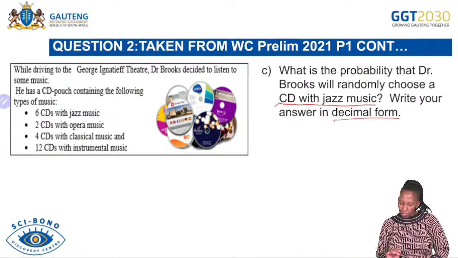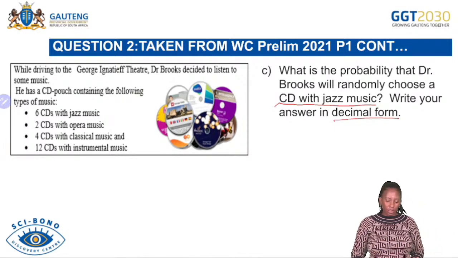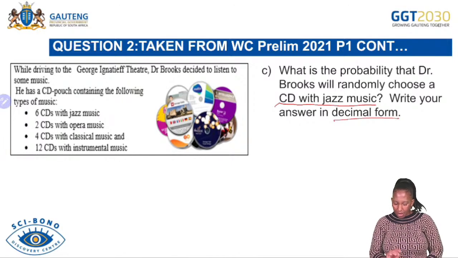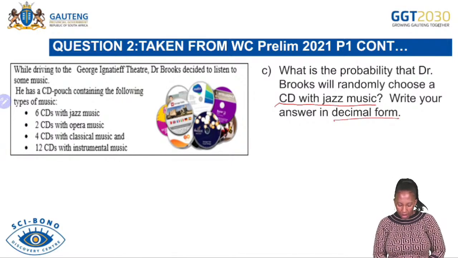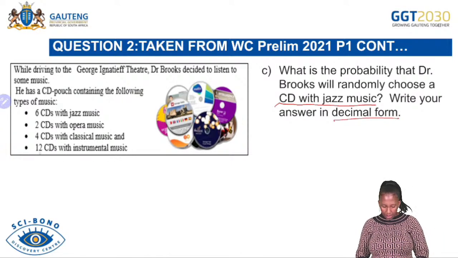Now, for the jazz music, let's have a look. The total number of CDs that Dr. Brooks has in his music pouch. And then we have 12 here. Let's start from the top. We've got 6 plus 2 plus 4 plus 12.